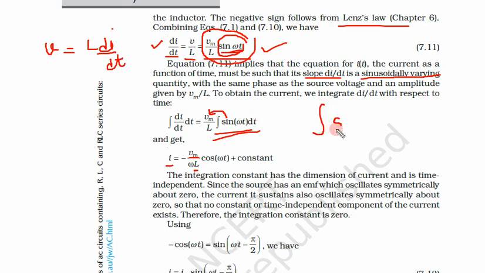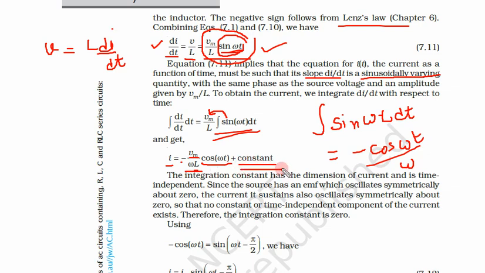It is minus cos omega t upon omega, with the minus sign. And we always add one constant in the integration.